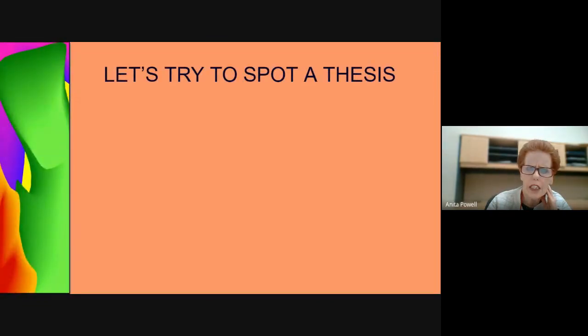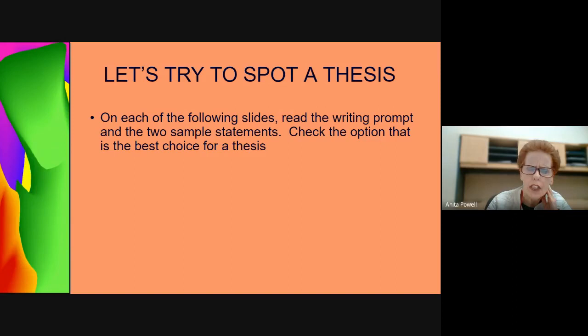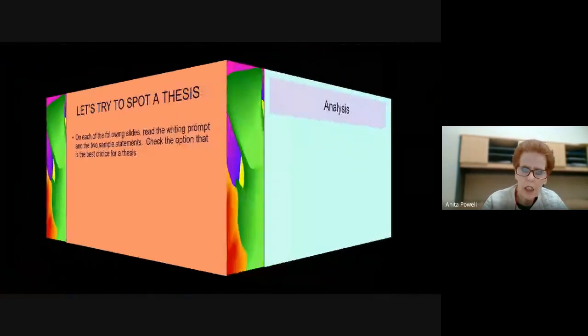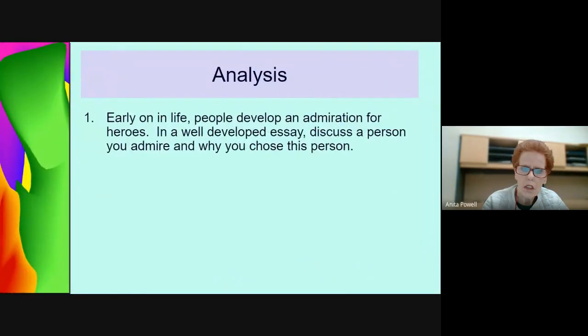Let's try to spot a thesis. On each of the following slides, read the writing prompt and the two sample statements. Check the option that is the best choice for a thesis. Okay, well, we've got an example.